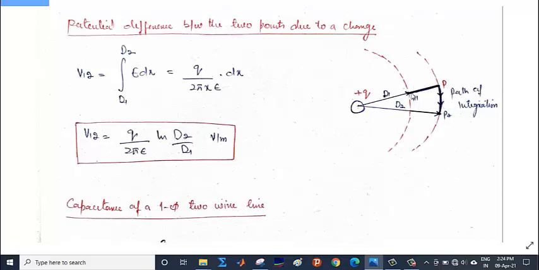We could have gone directly from this point to this point, but in that case the calculation of potential difference would have been slightly difficult.